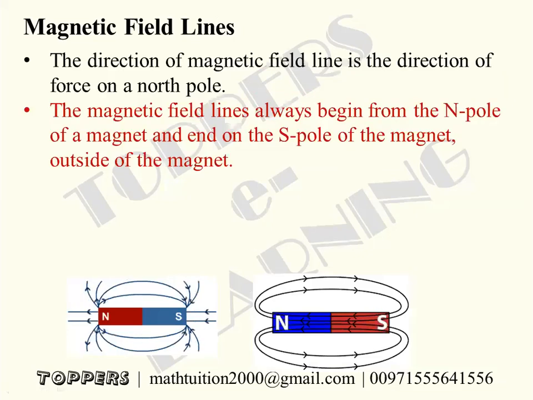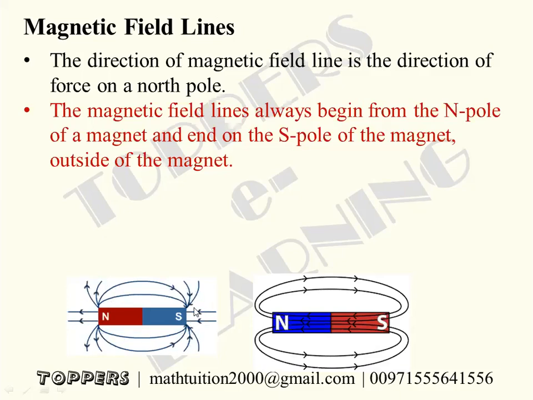The magnetic field lines always begin from the north pole of a magnet and end on the south pole of the magnet outside the magnet. Outside the magnet, the direction of magnetic field starts from north and ends at south.